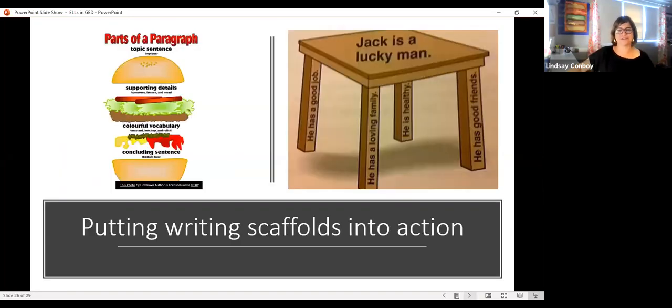Okay, so these are 2 ways that I use to help work on parts of a paragraph. As you can see, I actually have the hamburger model behind me. I like having these visuals, especially when working on the supporting details, because it gives that visual to the entire paragraph.